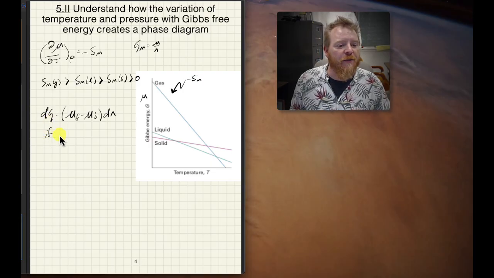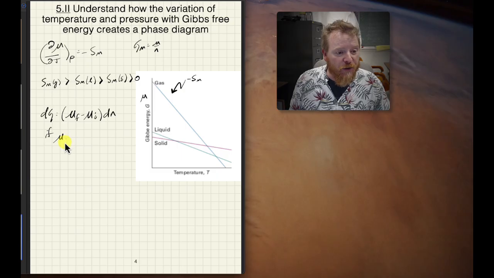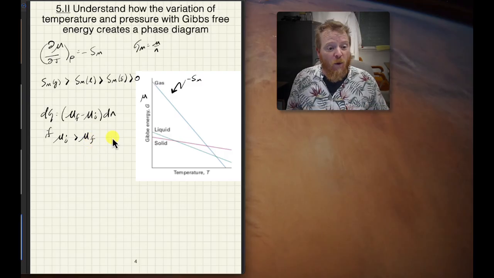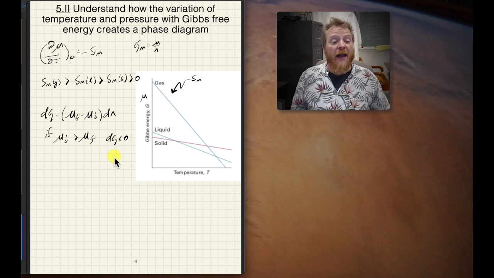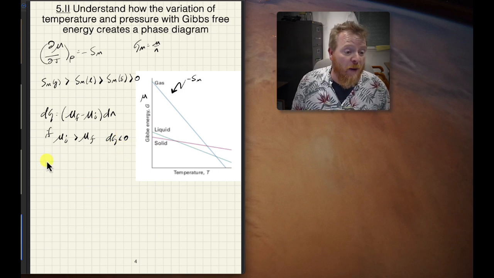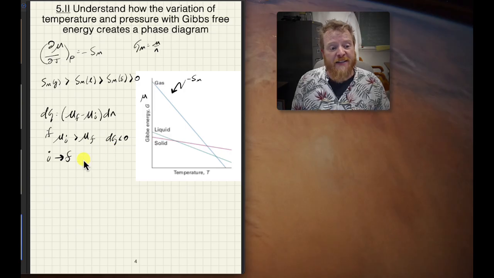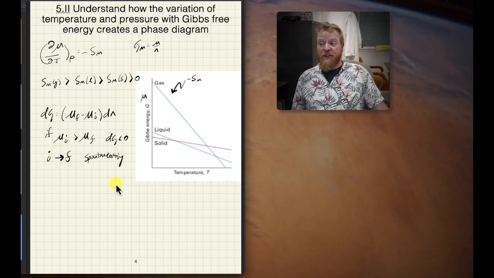So now, if the chemical potential initially is greater than the chemical potential in the final state, then what that means is dG will be less than 0. And thus, if we go from some initial phase to some final phase and the free energy change is negative, then it will spontaneously undergo that phase transition.